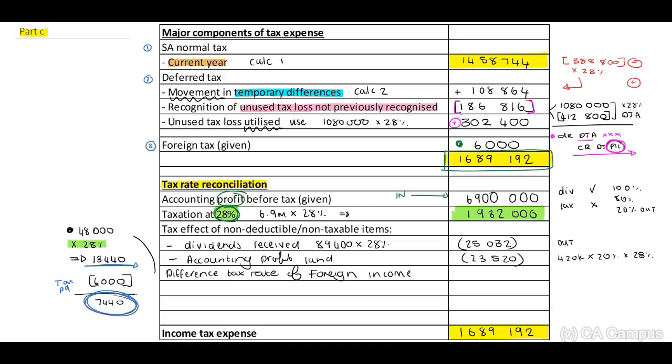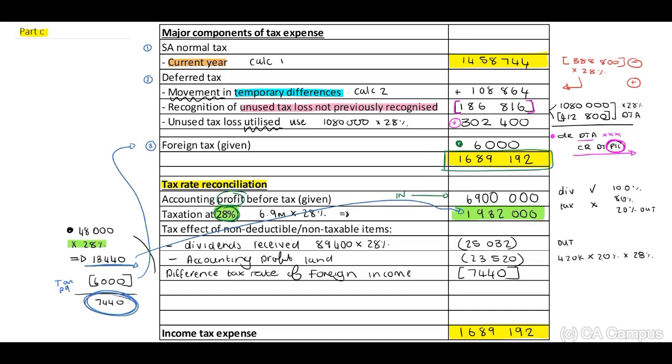Okay, so that 13,440 is included in the 1.9 million. But the 6,000 is included at the top. Therefore, we need to take out the 7,440 from the 1.9 million. Right.